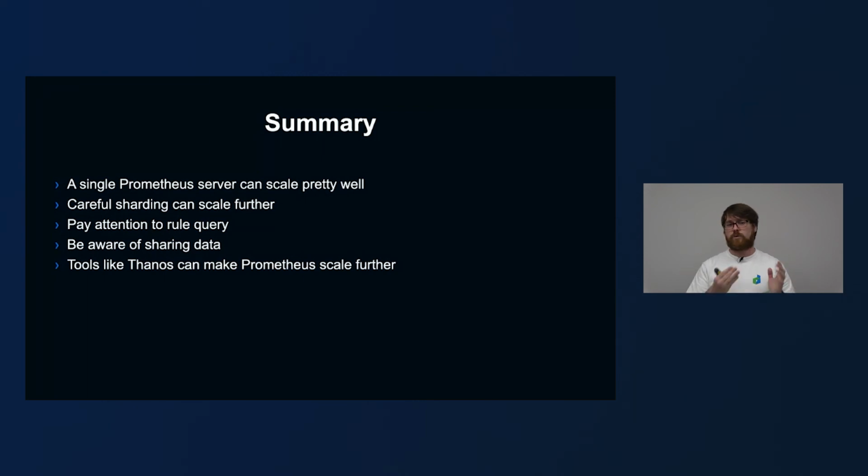Lastly, Prometheus works very well for short-term recent data, but if you need to scale that further, then you can take advantage of tools like Thanos. From Grafana's perspective, Thanos looks the same as any other Prometheus setup.